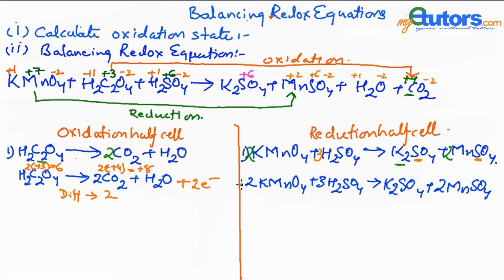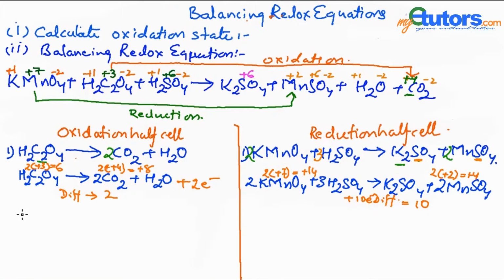The oxidation state of a single carbon atom is plus 3, so it is multiplied by 2 because there are 2 carbon atoms, and the total oxidation state would be plus 6. Likewise on the product side it would be plus 8, so the difference in oxidation state would be plus 2 between reactants and products. So the oxidation state of carbon is changing by 2, and because this is an oxidation reaction, we add electrons on the product side.